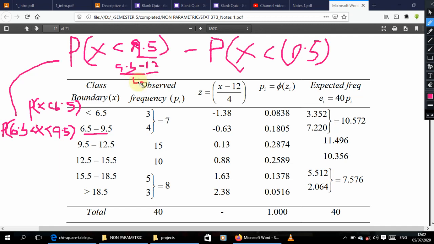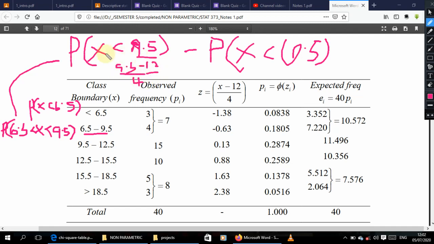Okay, that's what you get. So that will be the value here, and then when you do the same thing to that, the value will also be there. Okay, so you look for this value on the table.